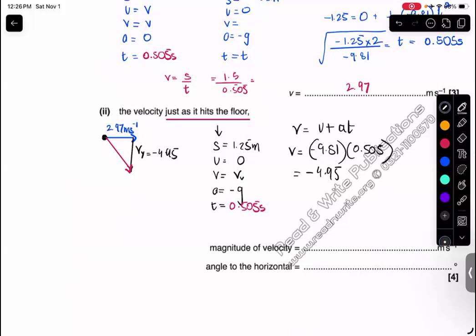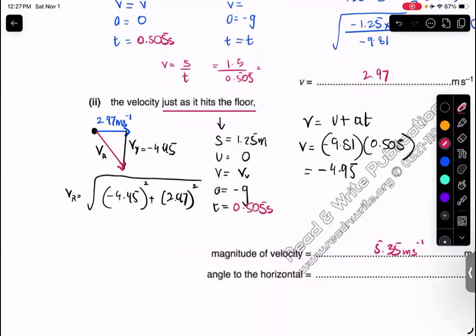So if you want to find the resultant velocity, all you do is minus 4.95 squared plus 2.97 squared, square root, and finally you have the resultant velocity at that point. So that is going to be minus 4.95 squared plus 2.97 squared. So 5.35 is the answer. 5.35 meters per second is the answer.